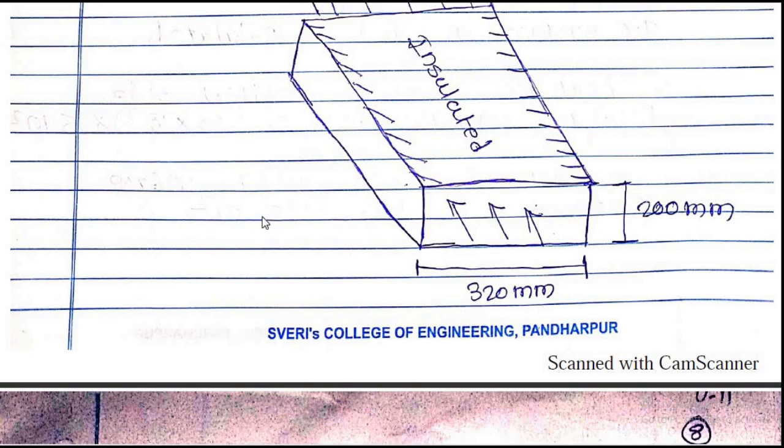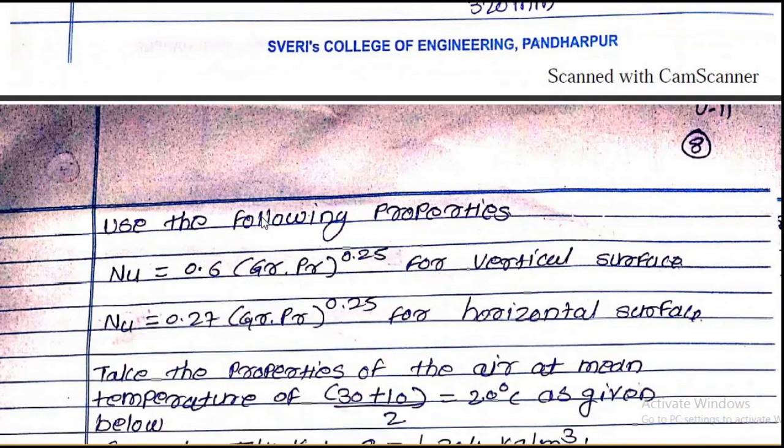Here we can say that the problem statement does not end over here. The problem statement further says to use the following properties. The properties are given, and two correlations are provided.